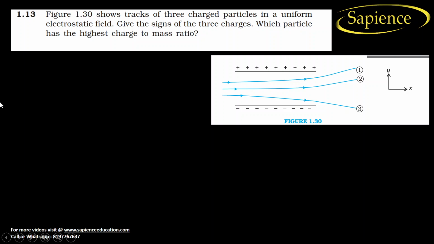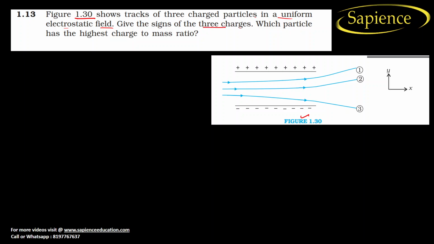Now next we can go through the next question. Let us read the question first of all. In figure 1.30, this is figure 1.30, it shows the tracks of three charged particles in a uniform electrostatic field.